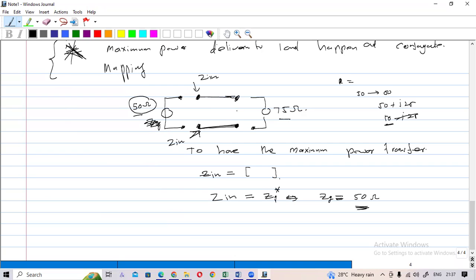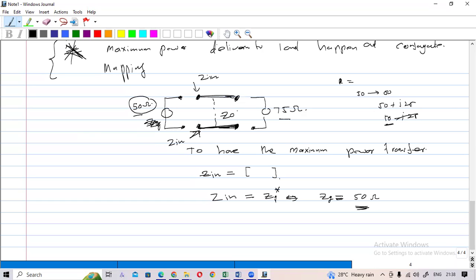for example, let's say that you want to calculate the characteristic impedance Z0 of this transmission line. How can we calculate this Z0?